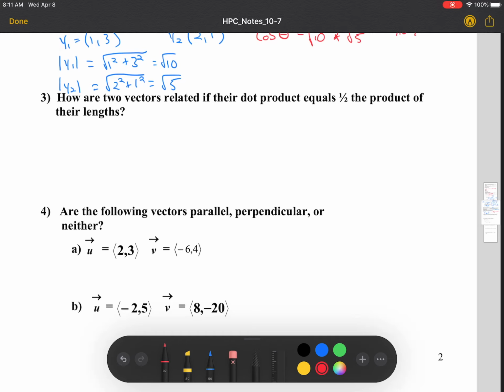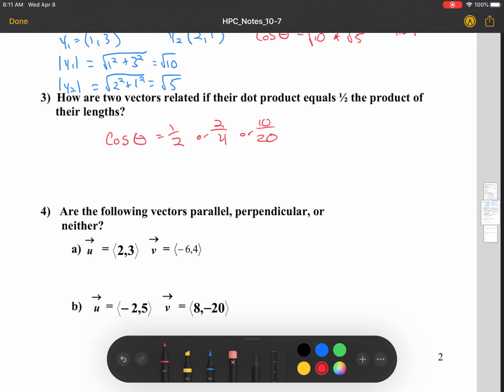All they're saying, when they say how are two vectors related if their dot product equals 1/2, is they're saying what is the angle when you have this? Or 2/4 or 10/20, all the same thing when it's 1/2. When your dot product is half the product of your lengths.